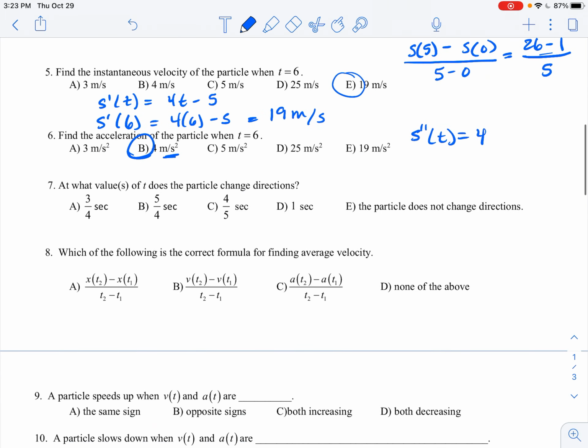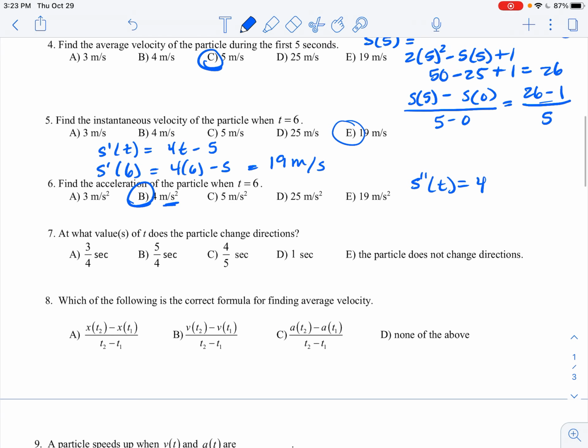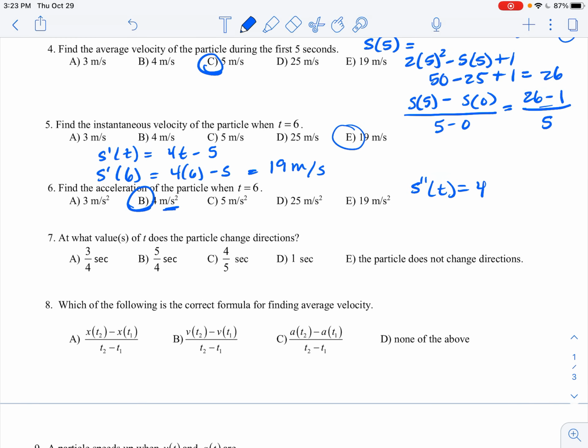second squared, sorry. At what value of t does a particle change directions? Well, the particle changes directions when the velocity changes from positive to negative or negative to positive. And so if I go back to my velocity, this guy right here, and set that equal to 0, my time is going to be 5/4.